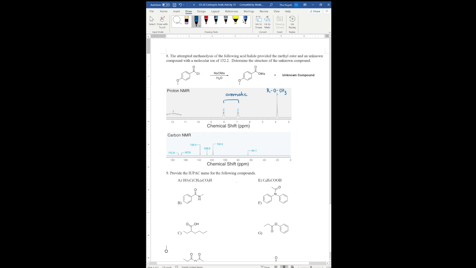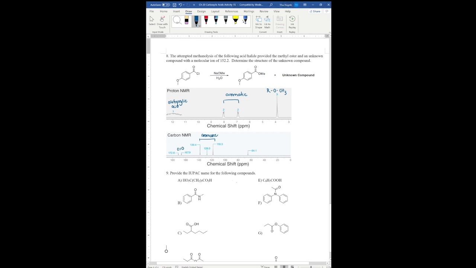and the only option for that would be a carboxylic acid. Moving on to the carbon NMR, we can see there are two peaks at 172 and 167. That could be a good indicator of a carbonyl group, and this region right here with 3 different peaks would be an indicator that we have an aromatic in our structure.